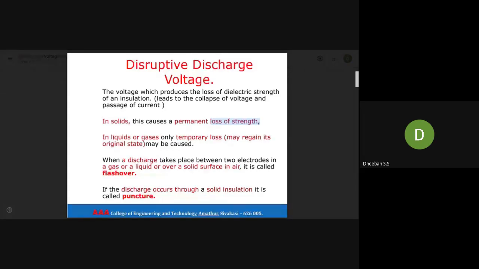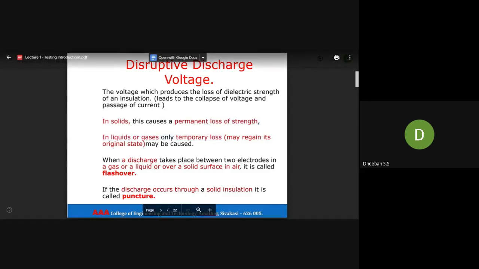But in case of your liquids or gases, this is only a temporary loss, because the molecules will be in a free state or in a loosely bound condition. So even if the disruptive discharge voltage occurs, they have the capability to bind together again. This is the main difference between solids and liquids and gases.